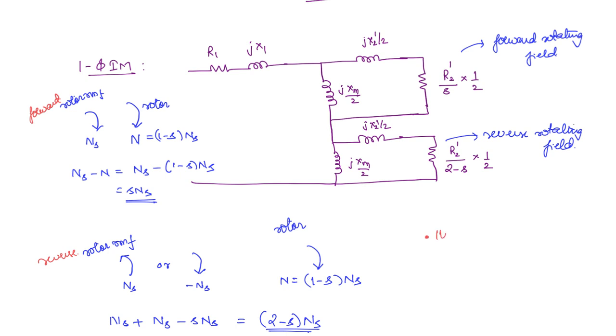So this equivalent circuit considers only the main field winding. That means the equivalent circuit during the starting will be completely different. This equivalent circuit will come into picture only when it has started running at the normal speed.